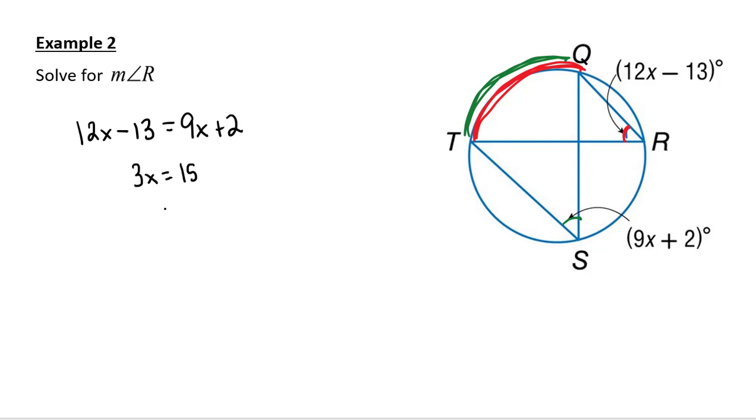I divide, and I get x to be 5. Now, I had to check my notes. I'm finding the measure of angle R. So, measure of angle R is 12 times 5 minus 13, and that equals 47 degrees.